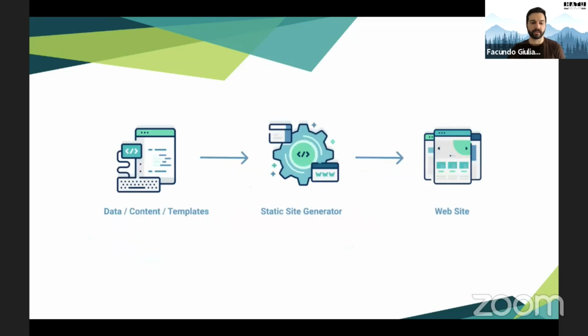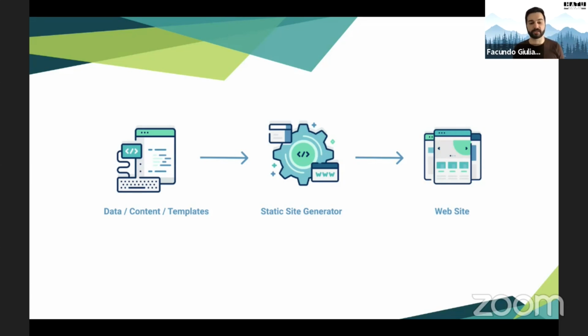This means that we have a project where we have templates, which are HTML files maybe, or markdown files using the markdown format. And these files we will use with data and content that we will grab from APIs or from different sources like databases or content management systems, a concept that we will talk about later.